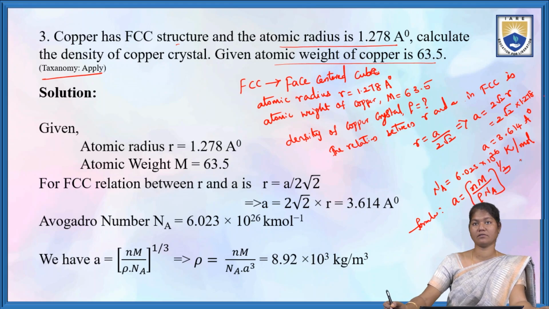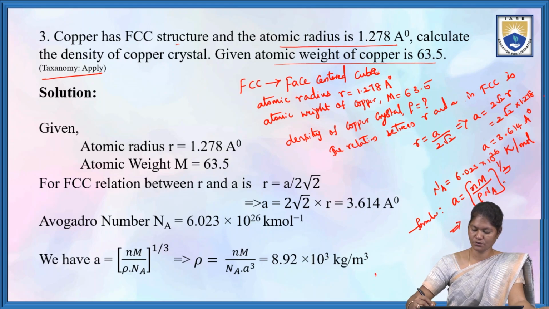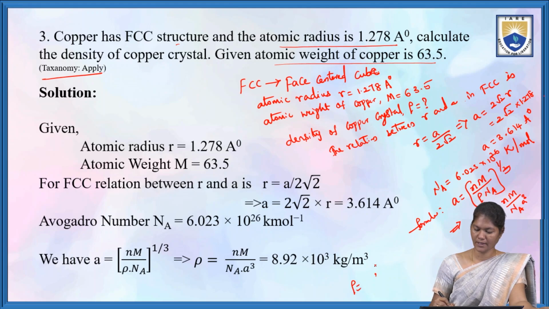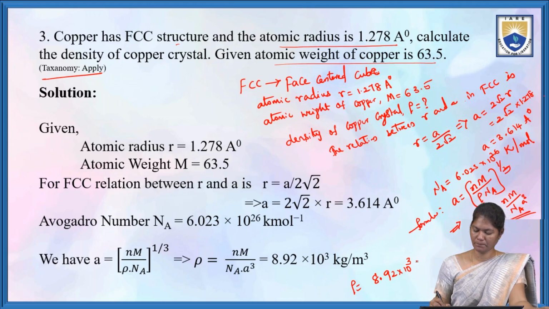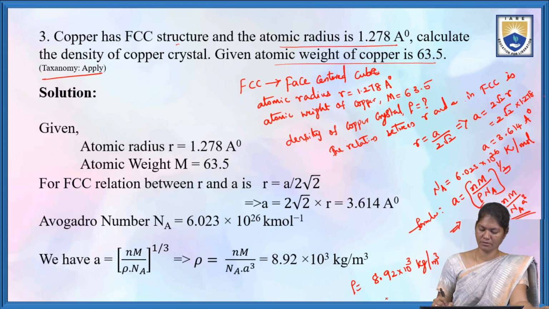From this, rho is equal to Nm by Na A cube. Let's substitute. The value of rho is equal to 8.92 into 10 power 3 kilogram per meter cube.